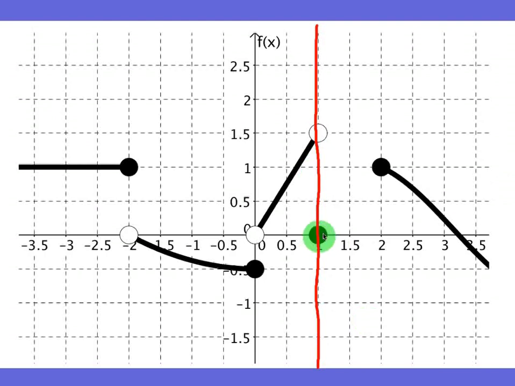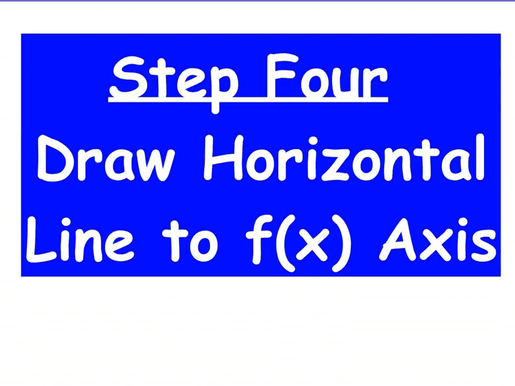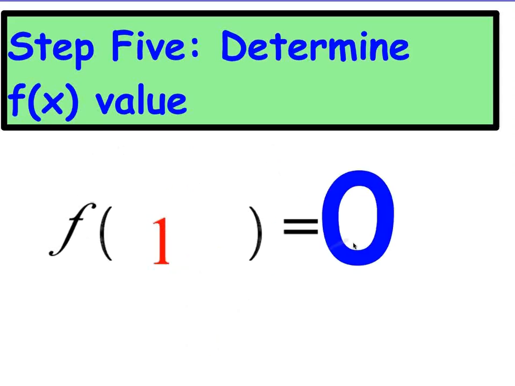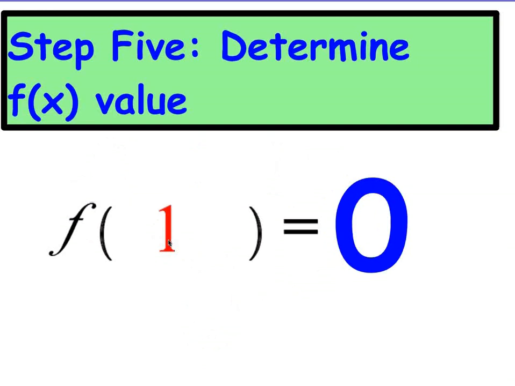Now the question is, what is that y value? The answer is not 1, that's the x value. That's why it's important to go back and see what it crosses at. y equals 0. So f of 1 in this case is equal to 0. Basically, if the point's on the x-axis, then the y value is going to be 0.